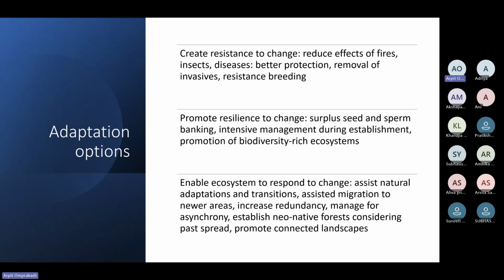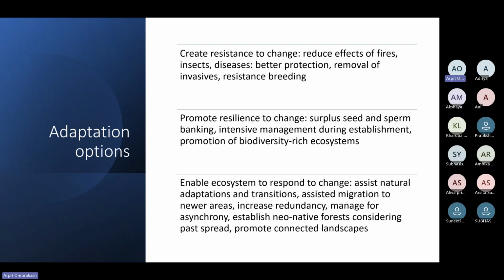manage for asynchrony. So basically, due to climate change, as we talked before, let's say there's some asynchrony between pollinators and flowering period of plants. So what we can do is we can induce flowering in plants, or we can introduce pollinators at the right time so that there's synchrony, and basically over time they again harmonize and carry out their functions at the same time.